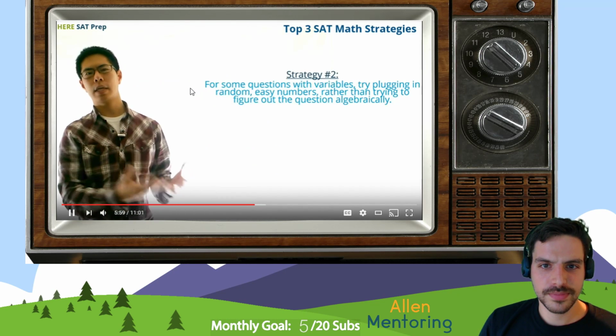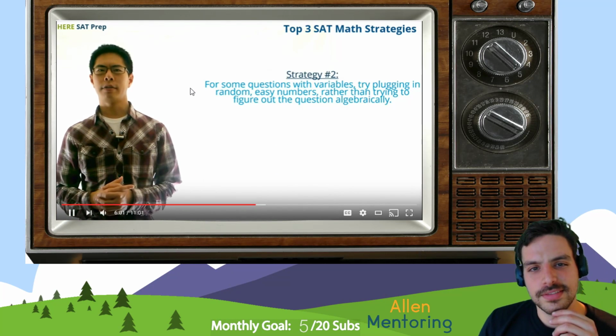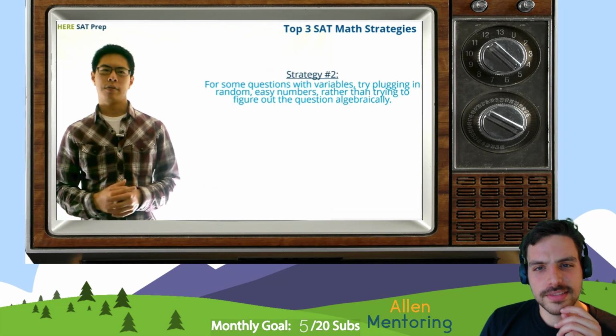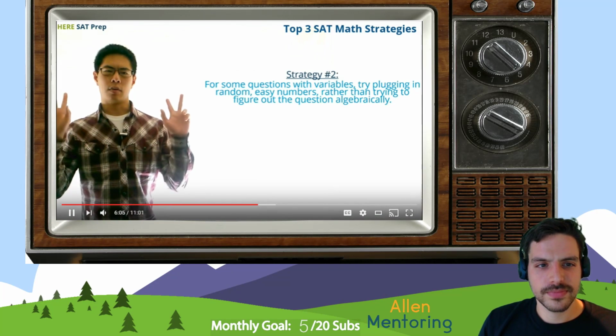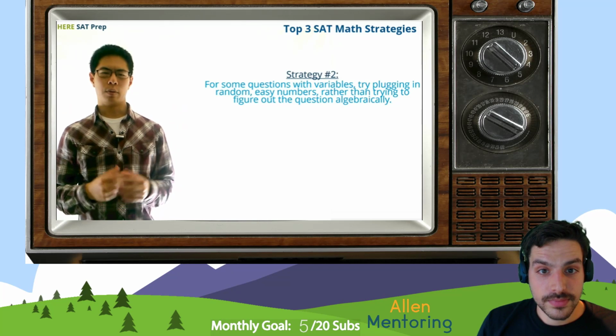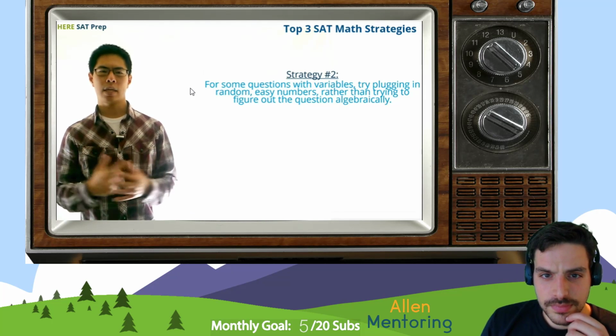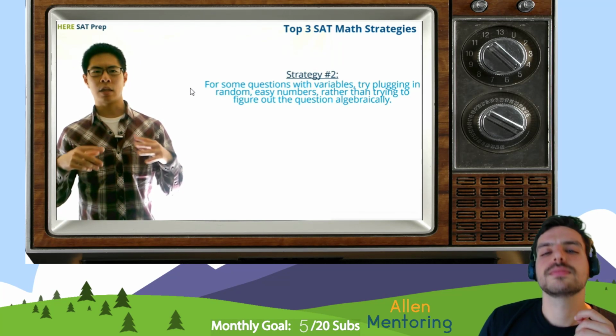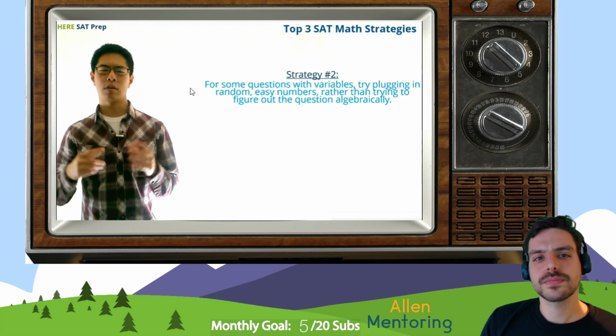Strategy 2: use easy numbers rather than trying to figure out the question algebraically. For some questions, doing the question the right way, algebraically, will be really complex and end up being a mess, and not be the way the SAT actually wants you to do the question, which is to use critical thinking.